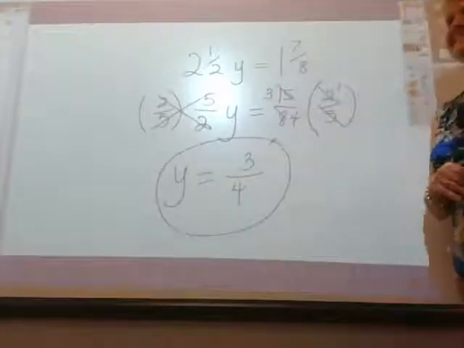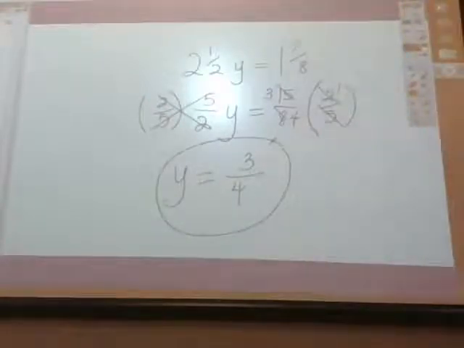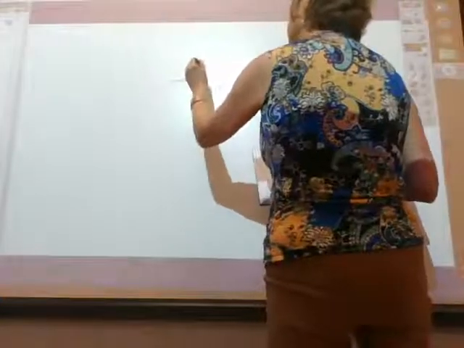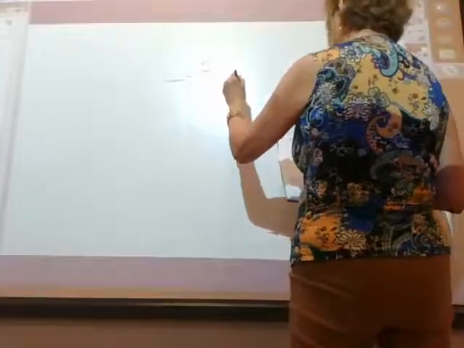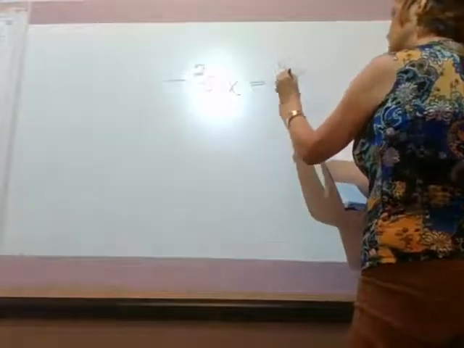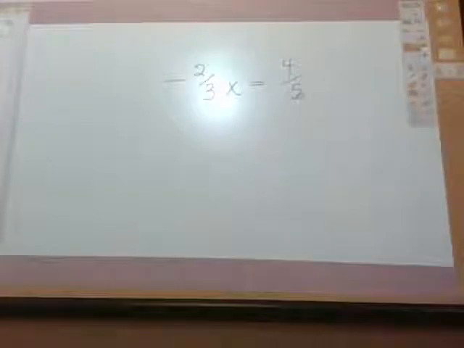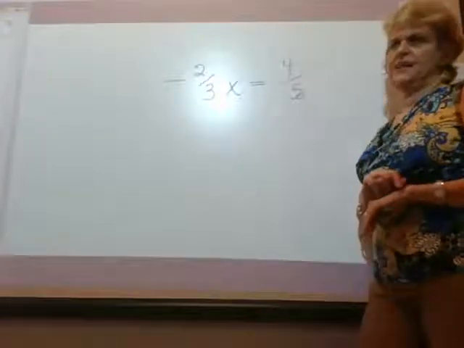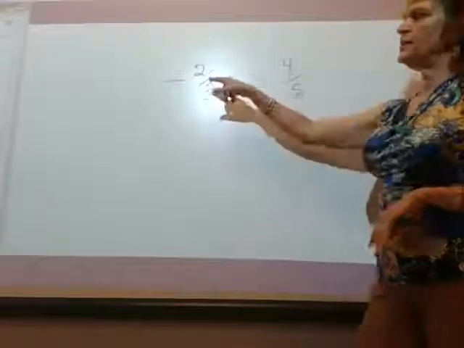Very good. All right. Now what about if we have a negative? All right, let's think about this. Negative 2/3 x equals 4/5. Okay? Remember, I don't want negative x, I want positive x. So I'm going to get rid of this negative.